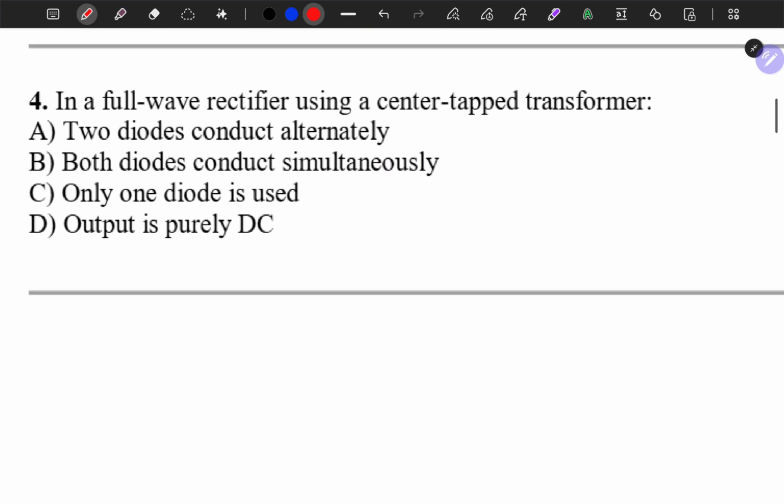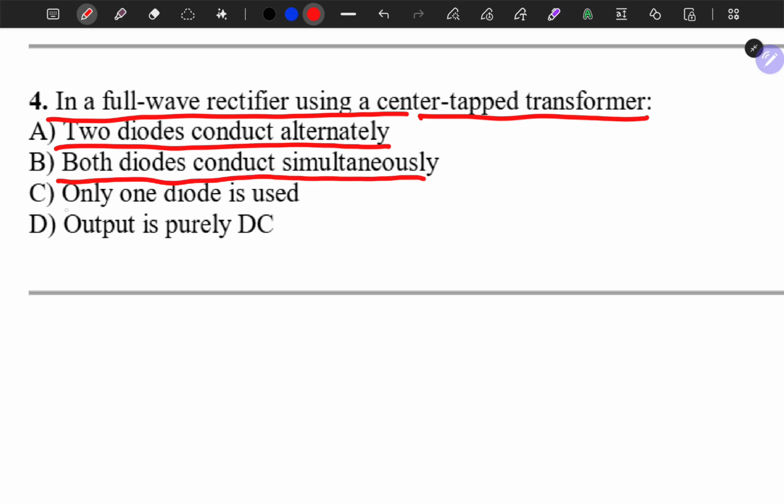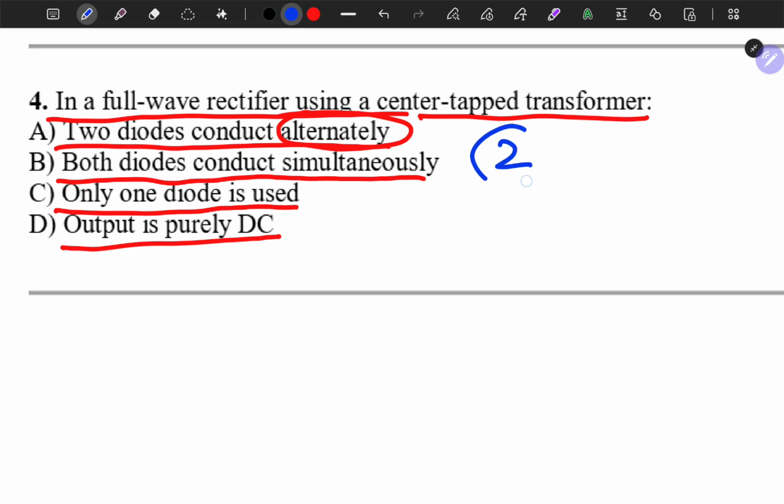In the fourth question, in a full wave rectifier using a center tap transformer, two diodes conduct alternately, both diodes conduct simultaneously, only one diode is used, or the output is purely DC. So in the fourth question, each diode conducts on alternating half cycles. Okay, so two diodes conduct alternately. If we have two diodes, then for one cycle one diode works and the other one is off.